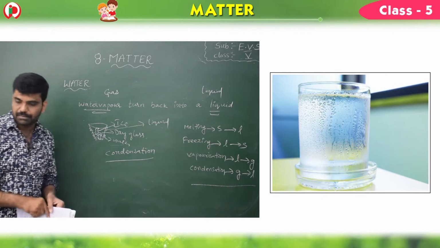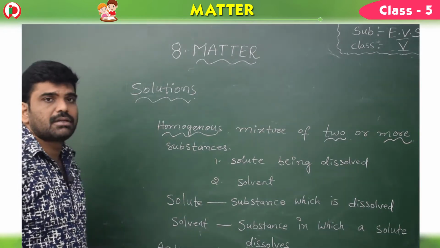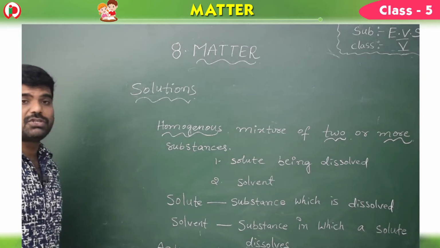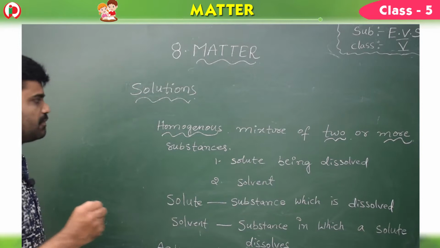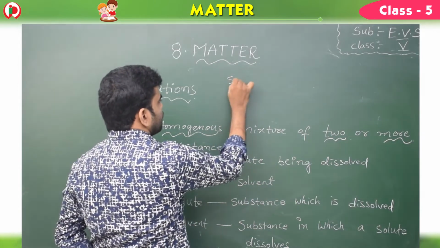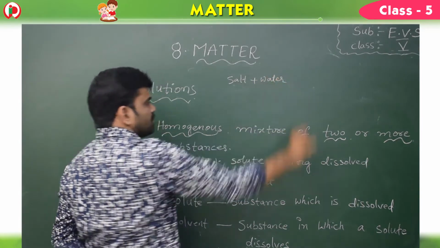Okay, children, now see the solutions. See, children, what is a solution? It's a homogeneous mixture. Homogeneous mixture means, if you see salt plus water, it is a homogeneous mixture.